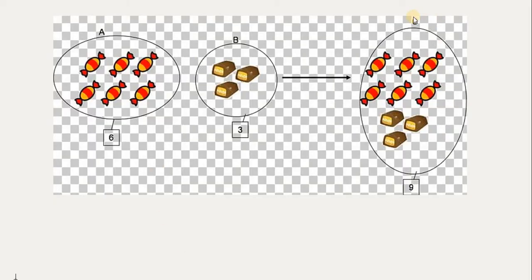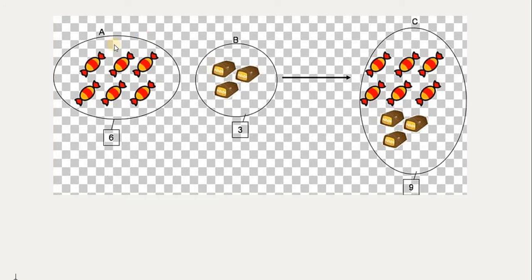Okay. Now, ito, example. Ang ating universal set ay itong C, okay? Set C. So, nandito yung 6 na candies and the 3 chocolates. So, kapag kinuha natin yung subset nito, we have, for example, set A, which contains the 6 candies, and the set B contains the 3 chocolates, diba?